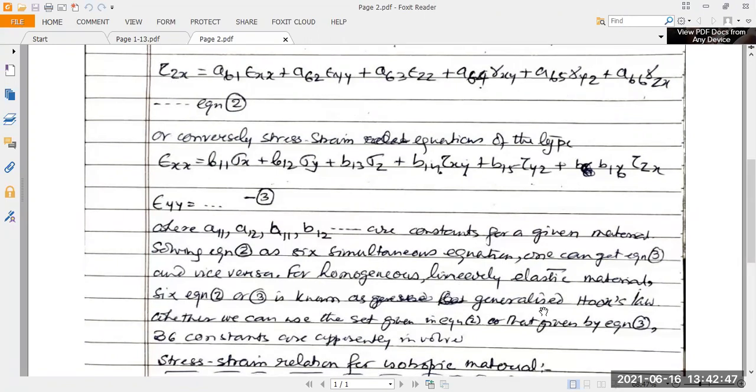It is not Hooke's own statement that stress is proportional to strain, but it is called generalized Hooke's law. Actually, this was done by Cauchy himself, and here 36 constants are involved. Cauchy made these equations on the basis of Hooke's law.